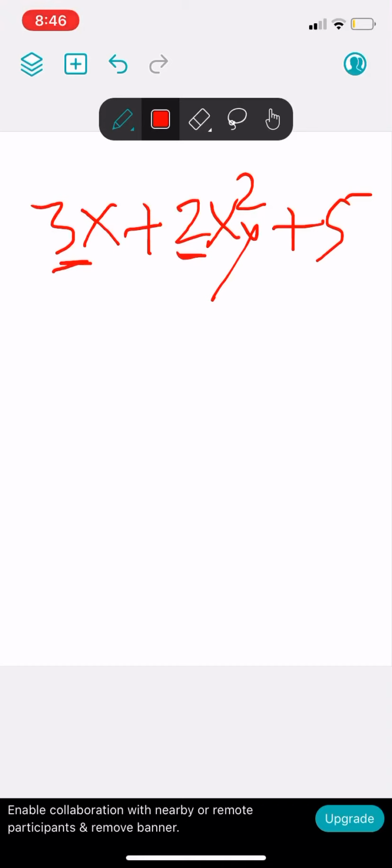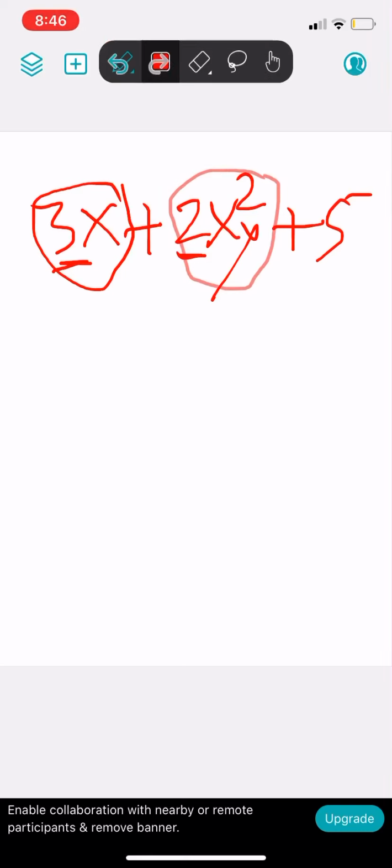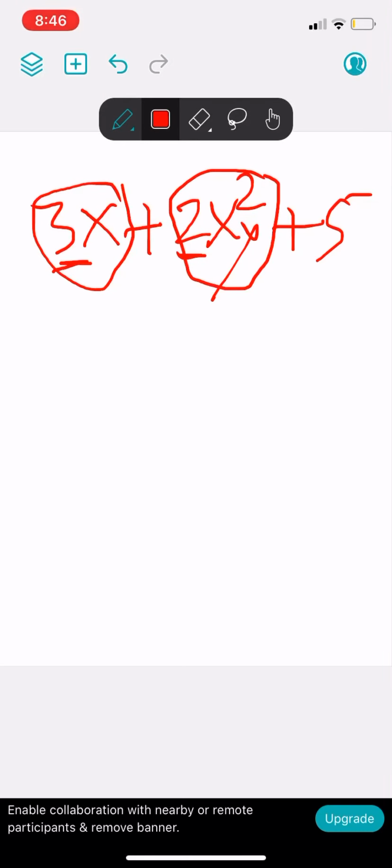Okay, so the first term 3x is with variable x, and the term 2x squared y is with variables x squared y. So here 3 is the coefficient of x, let me write coefficient as c of x, right?